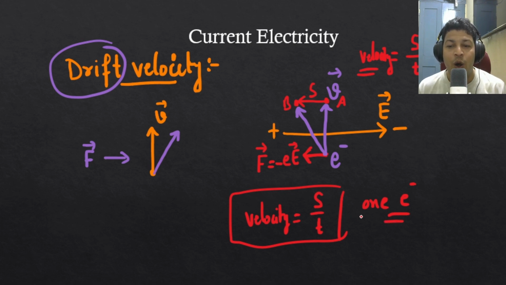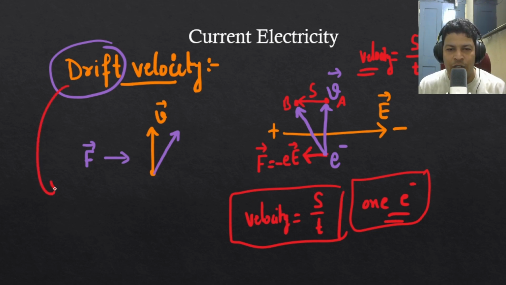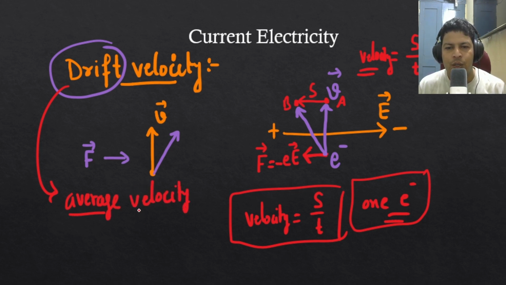So we'll not talk about one electron, we'll talk about the average of all the velocities. So the first thing is clear, that velocity will be the average velocity, and this is due to the application of the electric field in a particular direction.